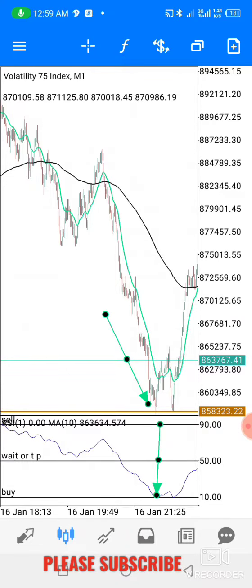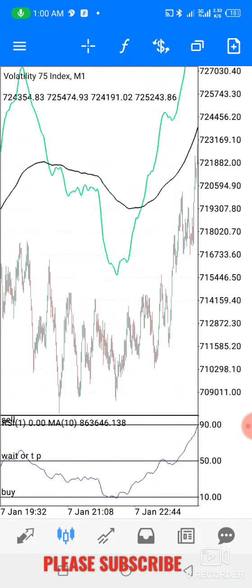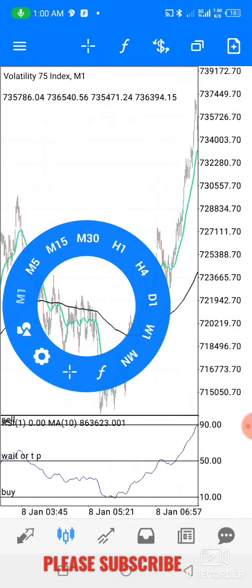It depends on the ranging situation of the market in the higher time frame, the price action behind it, and how long the market has been in a trending mode. It can be many multiple swings at those levels.